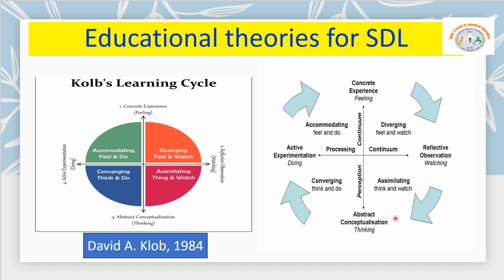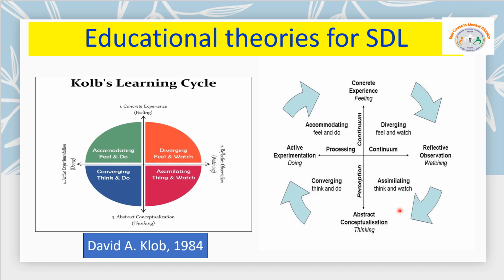Now the third stage is abstract conceptualization. Here the learner forms new ideas or modifies existing abstract ideas based on the reflections arising from the previous reflective observation stage.